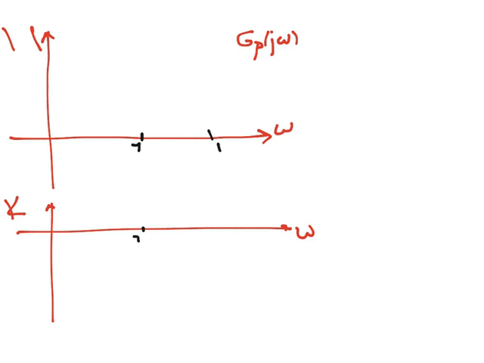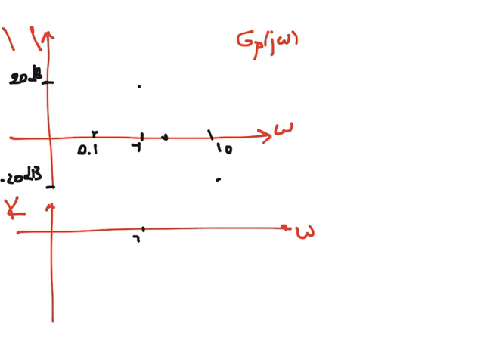Again, if you remember, the crossover frequency was equal to 3, omega is equal to 3. At 1 we had the amplitude equal to 20 dB. So here's 20 decibel. And at the frequency of 10 we had minus 20 decibel.